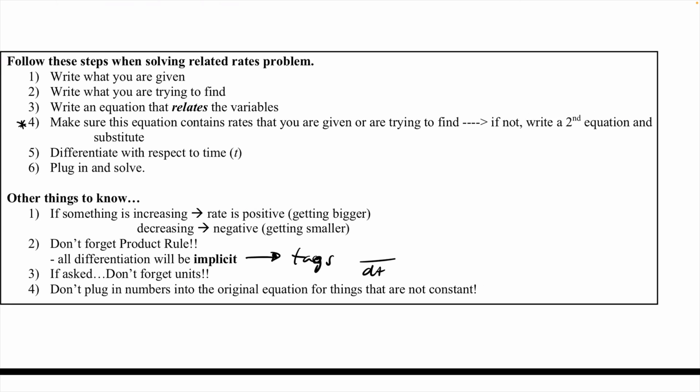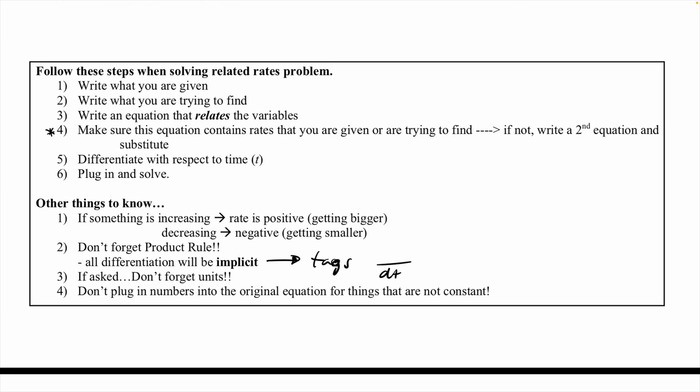So these are the steps we're going to use for every single problem we see in related rates. If you just stick to these steps, you will be fine. Related rates problems are easy to spot, because they talk about rates.